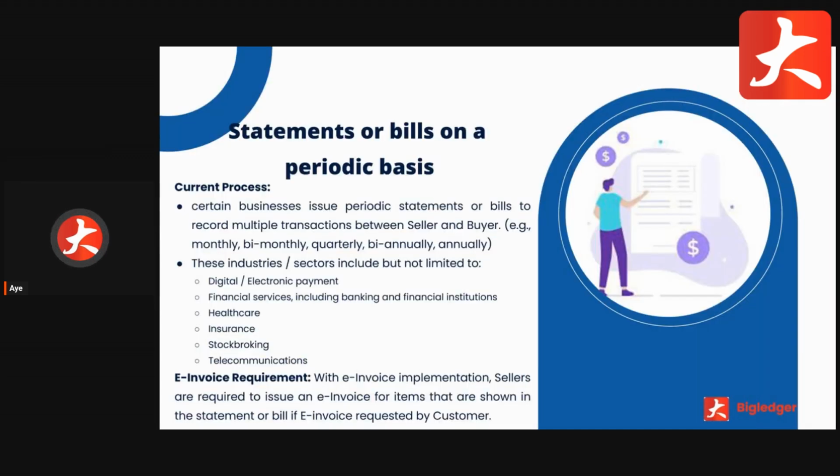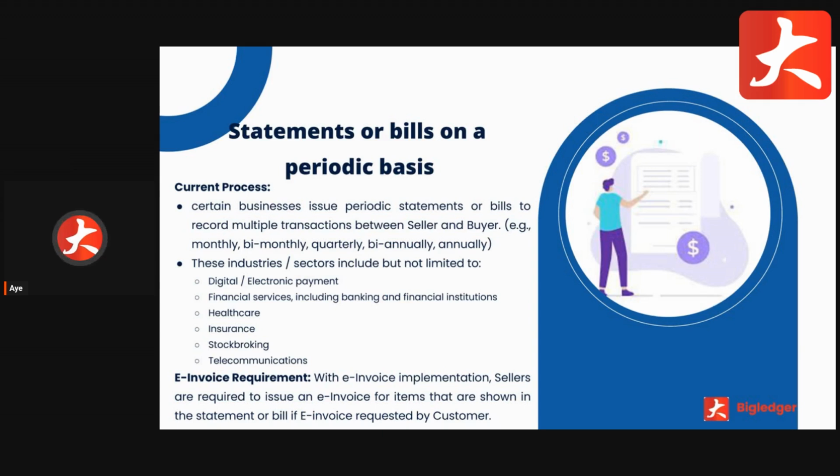Next part, we will go to the statement or bills on a periodic basis. The current process is that certain businesses issue periodic bills to record multiple transactions between seller and buyers. Periodic basis means your statement is bi-monthly, quarterly, or annually.